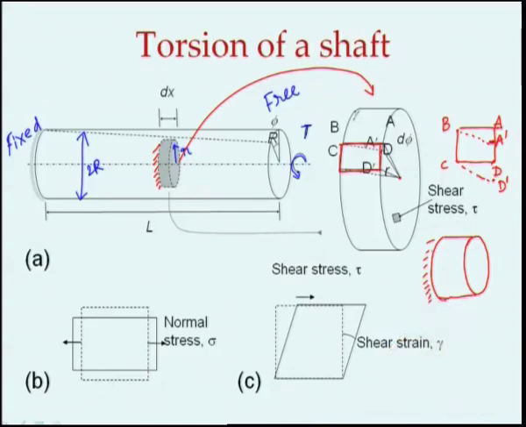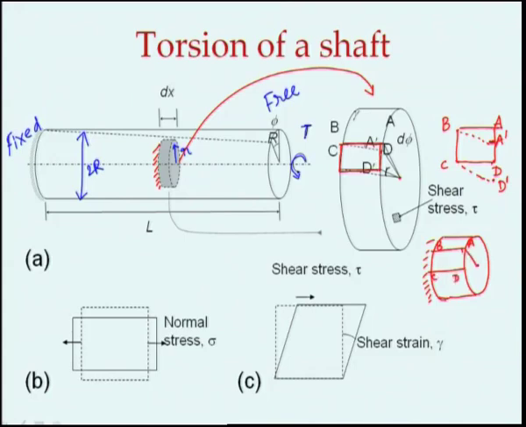Now, if I have a rectangle here, we take it to be very small. We take an angle so that this portion can be approximated to a rectangle. Here we have A, B, C and D, and this is the center.